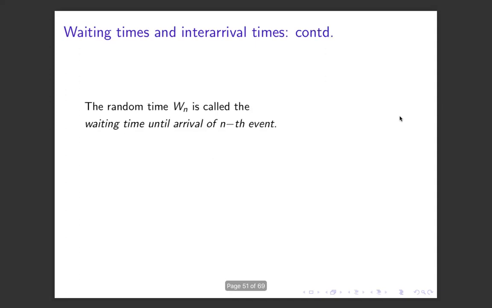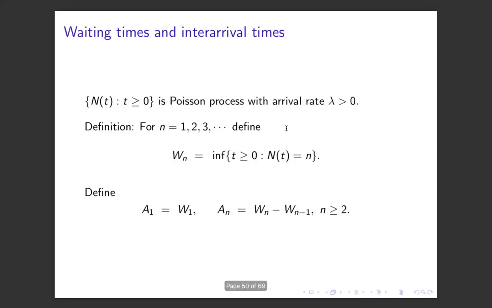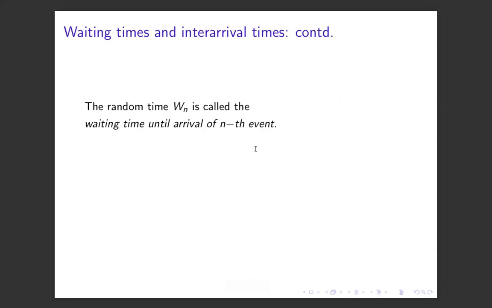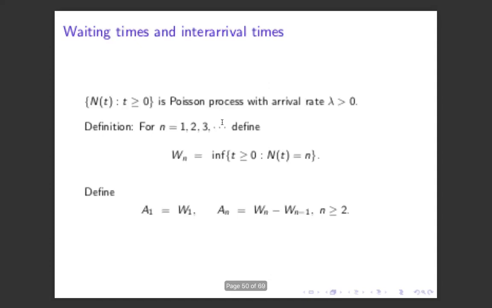Okay. As is fairly obvious and intuitive, all these things are going to be random variables. These will be random variables taking values in 0 to infinity.